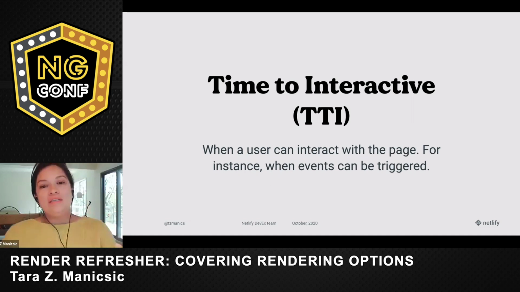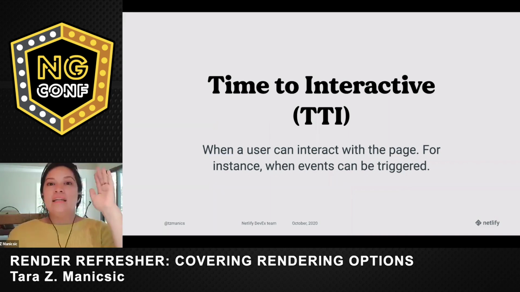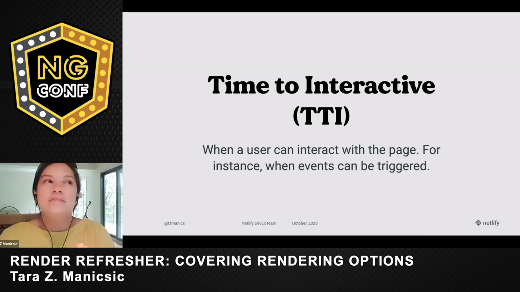So this is basically the time between the user saying, please give me this page of content, and the user actually being able to interact with that page by clicking a link or triggering any kind of event on that page. So those are the main things that we'll talk about for each of these rendering options, or some of the main terminology that we may not be as used to.